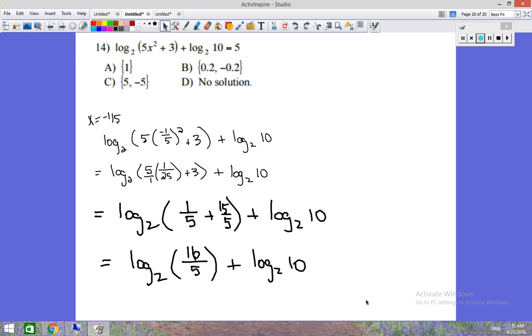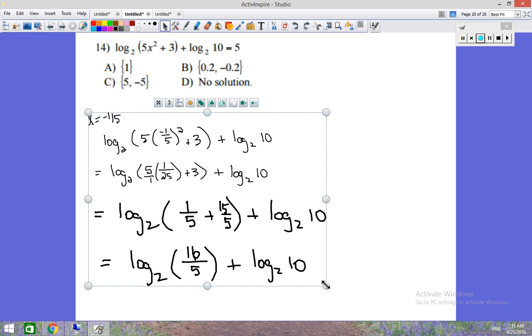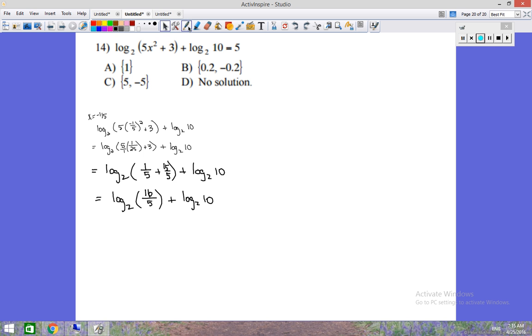We have the product rule that we can take the sum of these two logarithms that have the same base and multiply their arguments together. And we can simplify that: 5 goes into 5 one time and 5 goes into that twice.